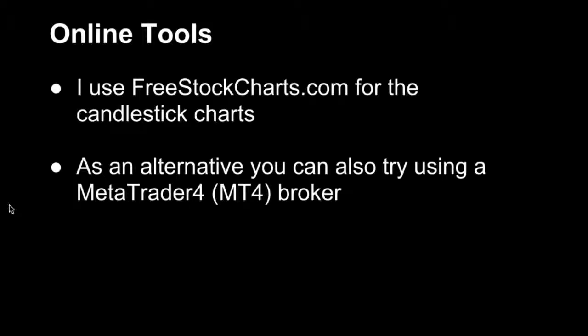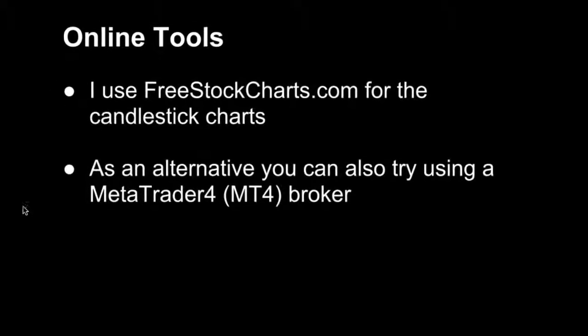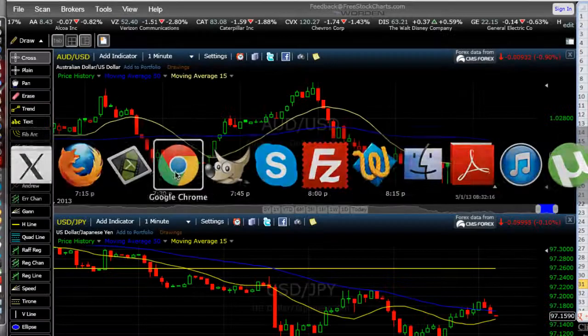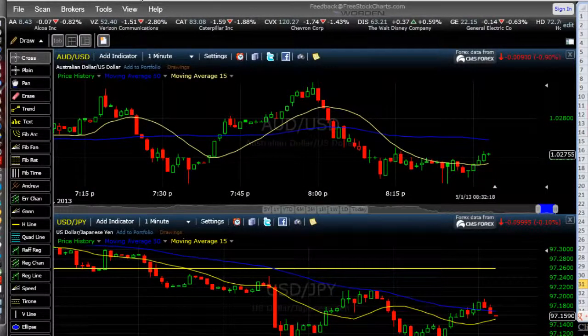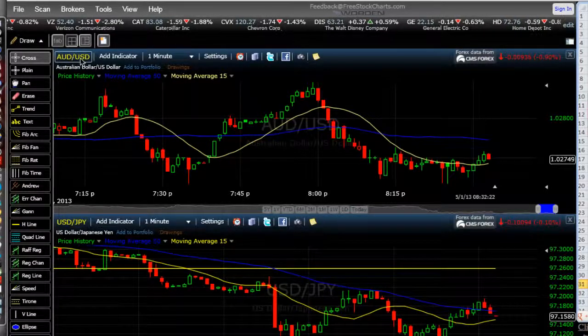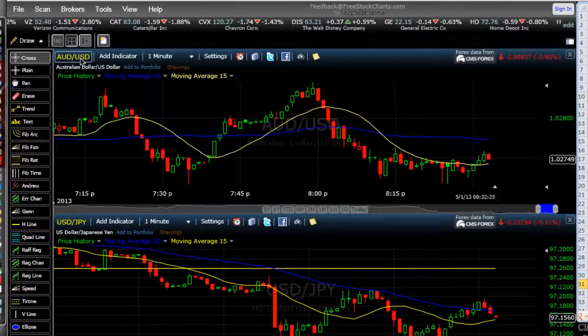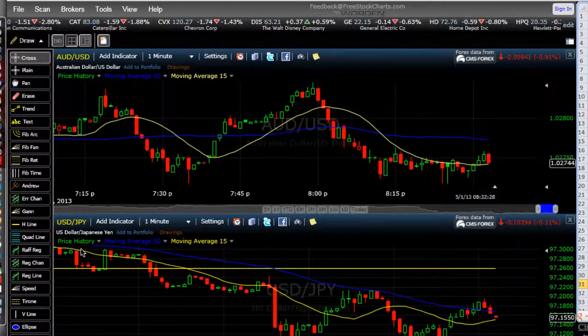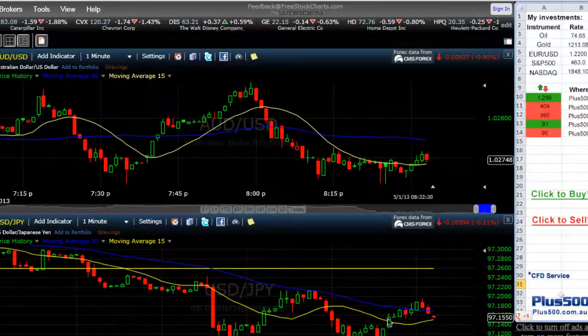I use freestockcharts.com for the candlestick charts, which I'll just bring up here. Right here I've got the AUD USD charts in the top window and the USD Japanese currency pair in the bottom window.